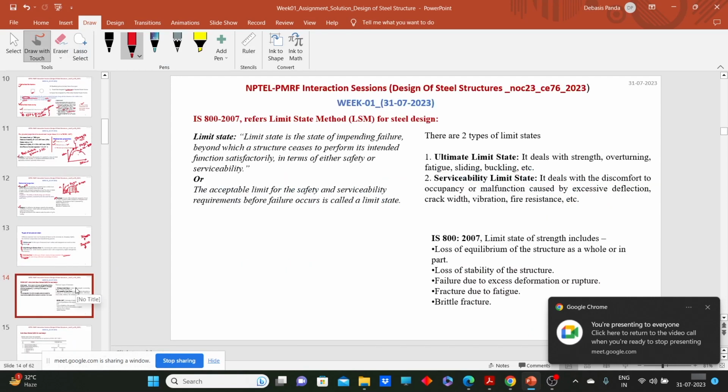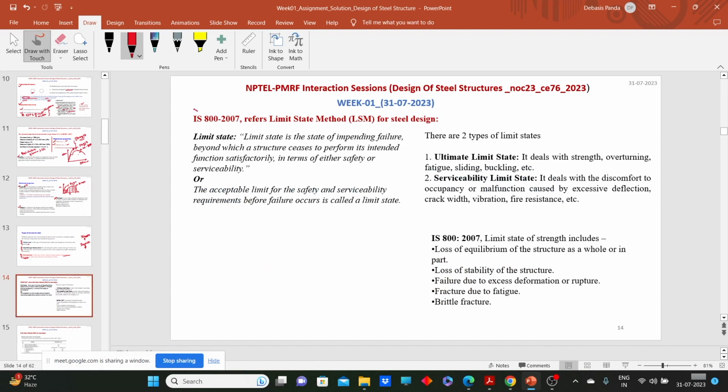Design philosophies. Our code IS 800:2007 includes the limit state method of design philosophy. While designing RCC, we came across different design philosophies like the working state method, the ultimate load method, and finally the limit state method.